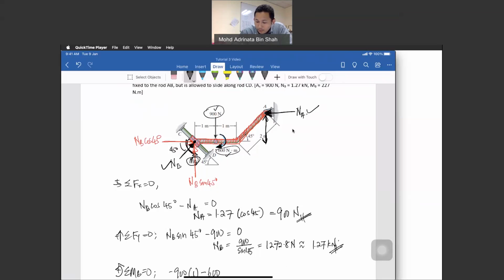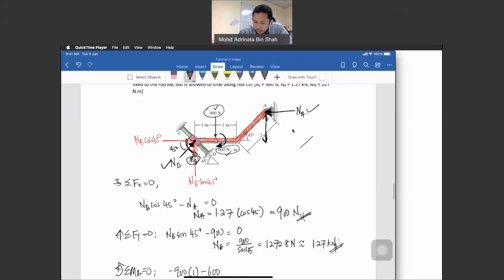So we have 45 degree. This is 2 meter, and we need to find distance y.